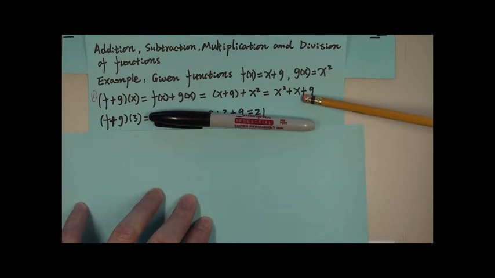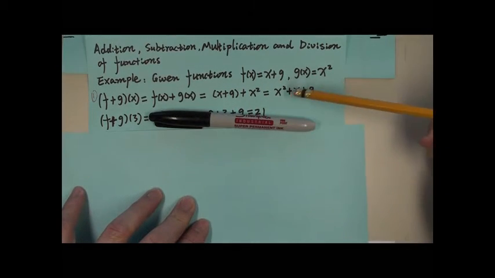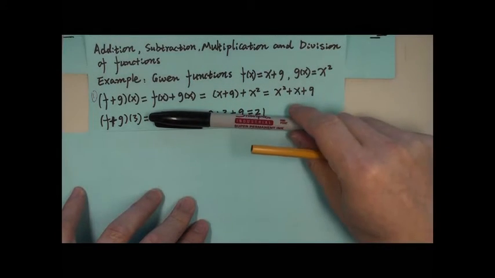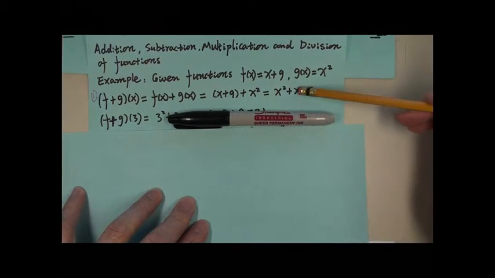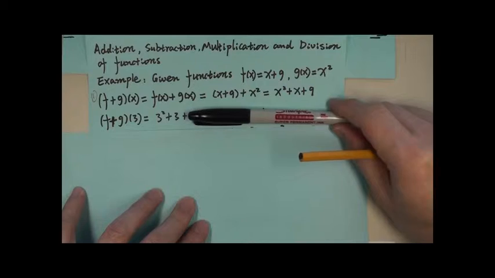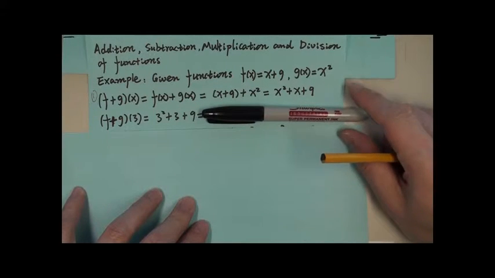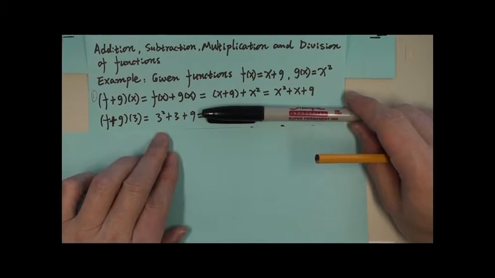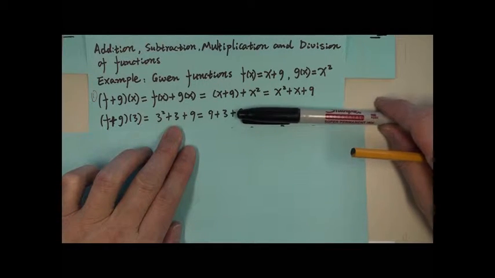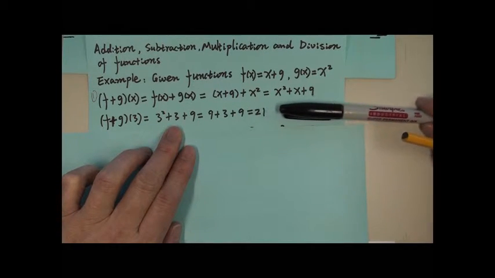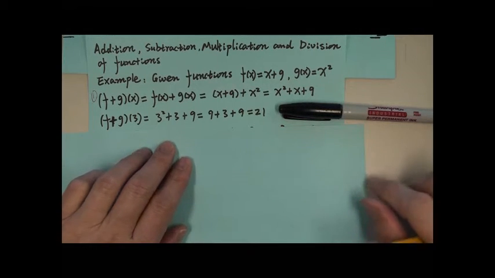Okay, so if we replace x with 3, we have 3 squared, and here this x should be 3, and then plus 9. 3 squared is 9, and plus 3 plus 9, the total is 21. Okay.